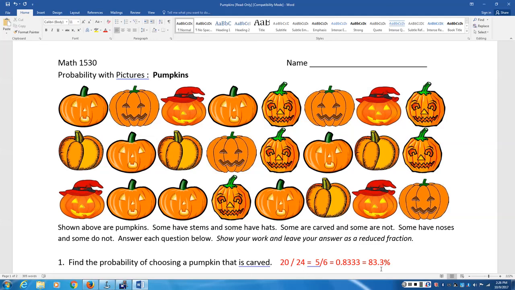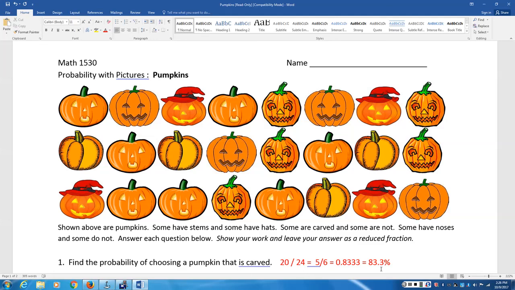And the answer doesn't even make any sense, because if I count all the ones that have triangular eyes and add that to all the ones that I counted separately that had noses, I get more pumpkins than I had in the whole patch. And that's not possible. So you've got to think logically here.